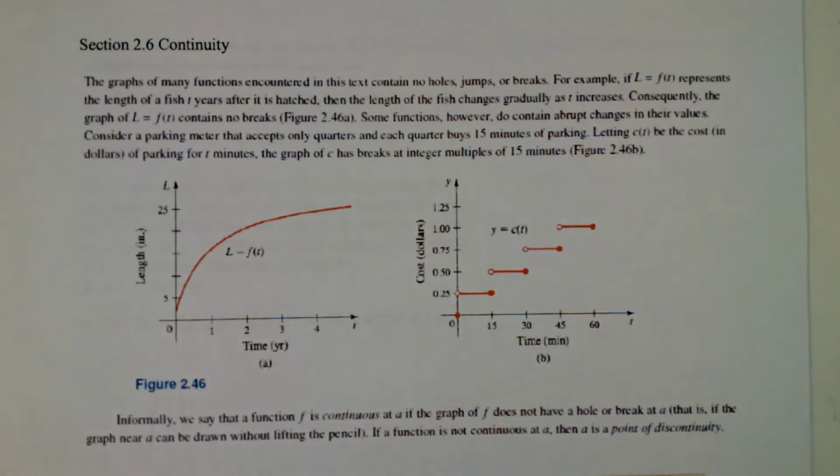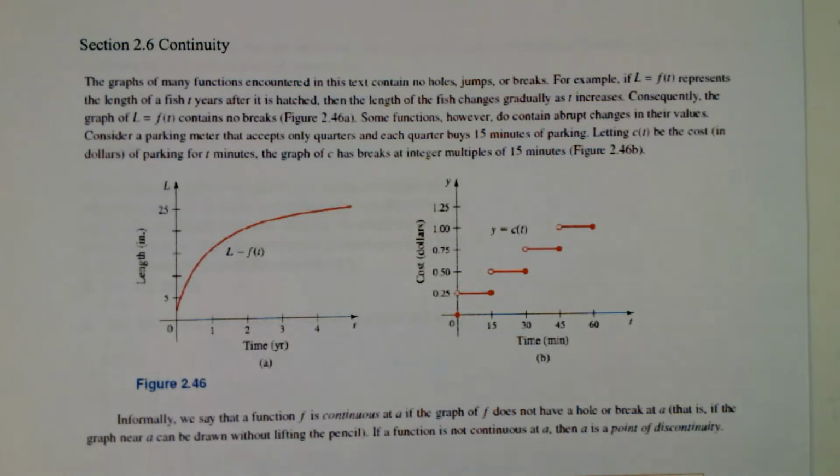The graphs of many functions encountered in this text contain no holes, no jumps, no breaks. For example, if L is equal to some function f of t, and it represents the length of a fish t years after it is hatched, then the length of the fish changes gradually as t increases.